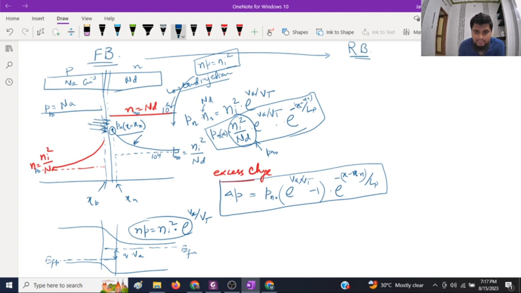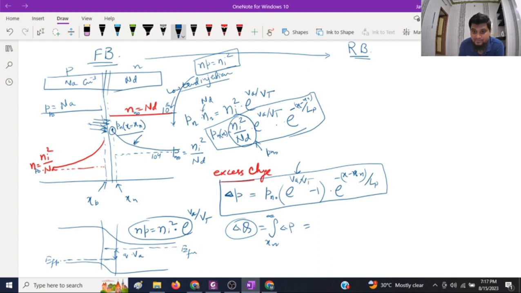Now this delta P, as you increase VA, the total charge delta Q will be equal to the integral of delta P from xn to infinity, multiplied by the cross section area. But I am counting it per unit area.